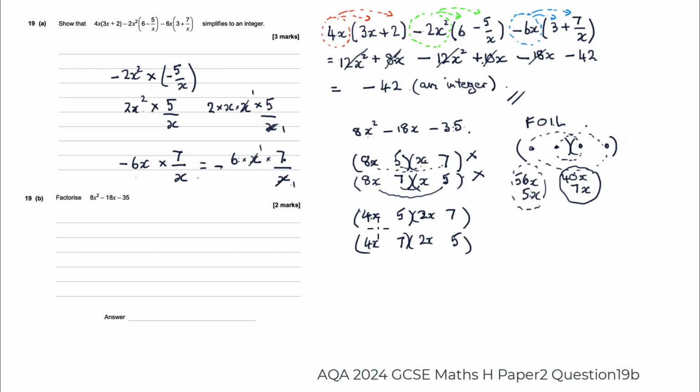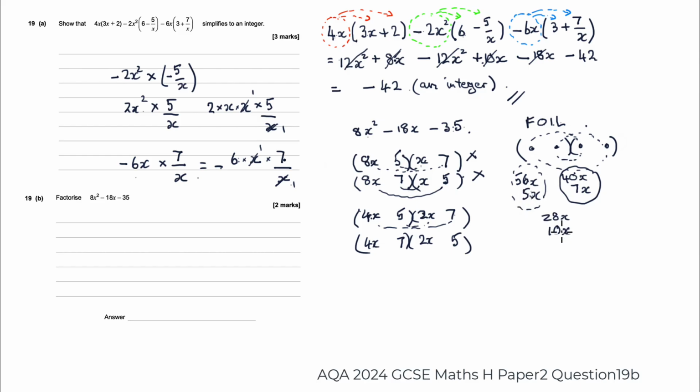Okay, that's not successful. Let's try this third example. The outside 2 gives us 4x times 7, that's 28x. The inside 2 gives us 5 times 2x, that's 10x. Now things are looking up here because I can get a negative 18x from these two.